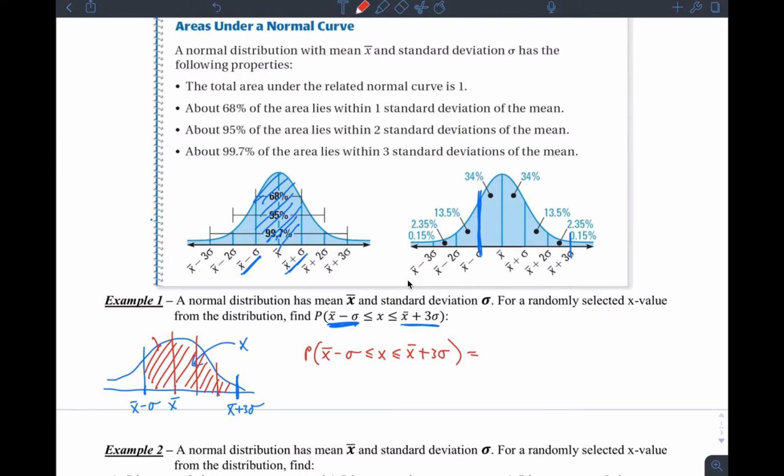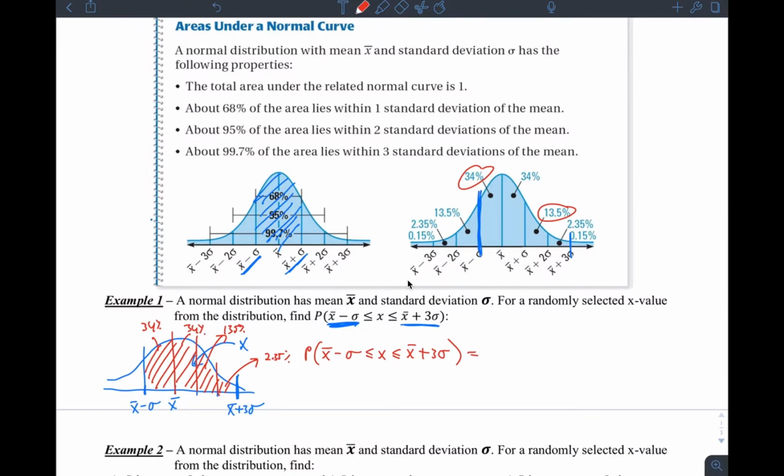According to this chart, 34% is here. This is 34%. This little chunk right here, according to the chart, is 13.5% of the distribution. And this last little chunk here is 2.35% of the distribution. So that's what you have to do. You take all that and just add it up.